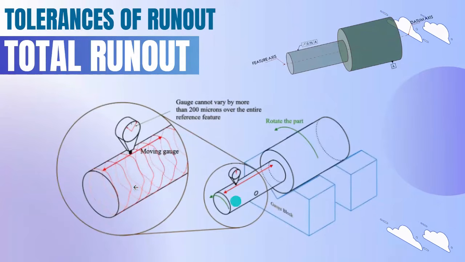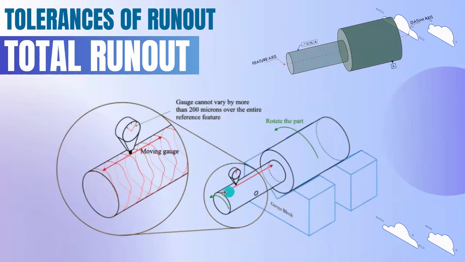In the manual method for circular runout, only rotation is done. Here in total runout, the gauge is set to move along a linear axis. The datum should be arrested and the 360 degree rotation will be there, as well as the dial gauge should move in a linear direction.